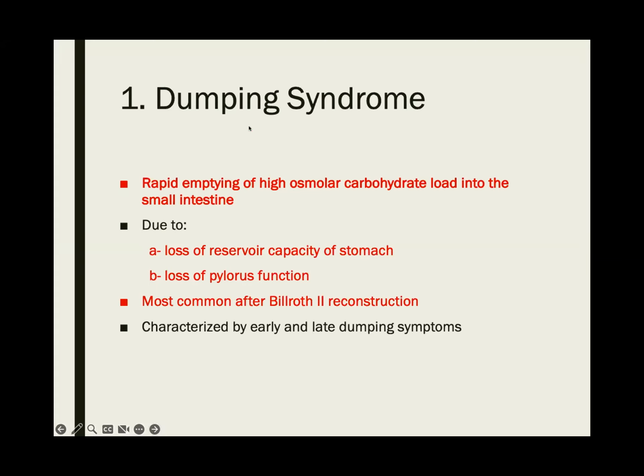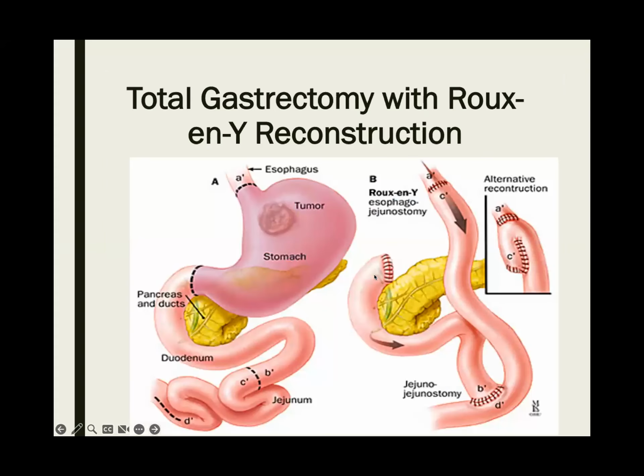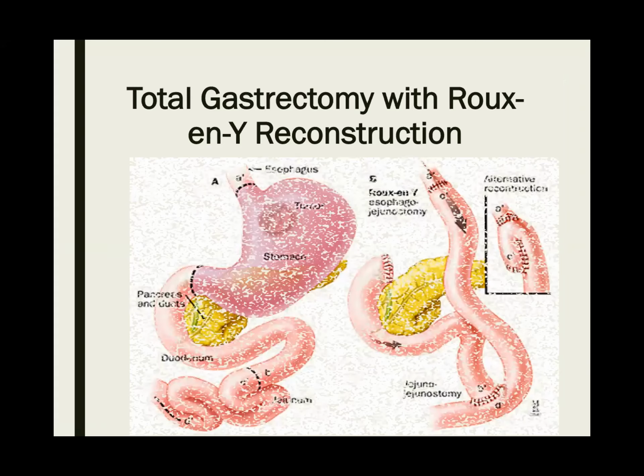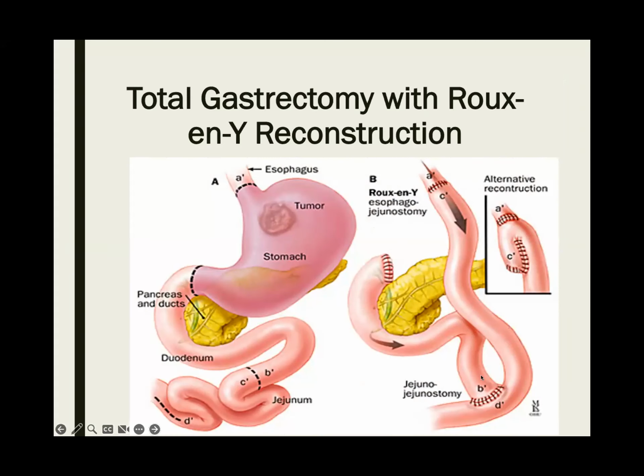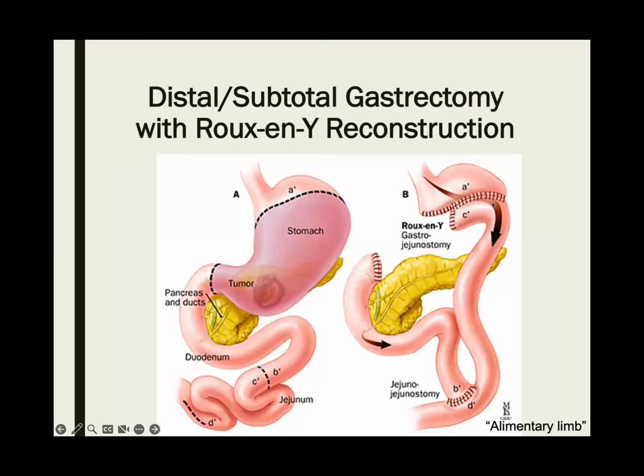Where are the limbs again? So again, you don't have to focus on the concepts of the limbs. But remember that Billroth 2 is going to be similar to Roux-en-Y. So they have two different types of limbs. The one connected to the stomach, we call the alimentary, okay? And the one connected to the pancreatic duct and the gallbladder, we call the biliary.